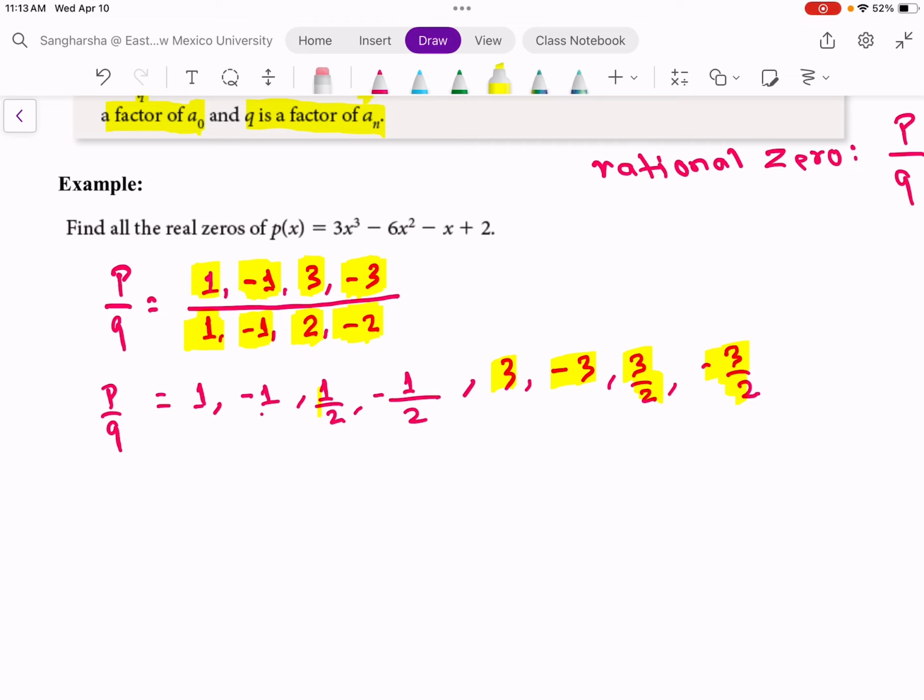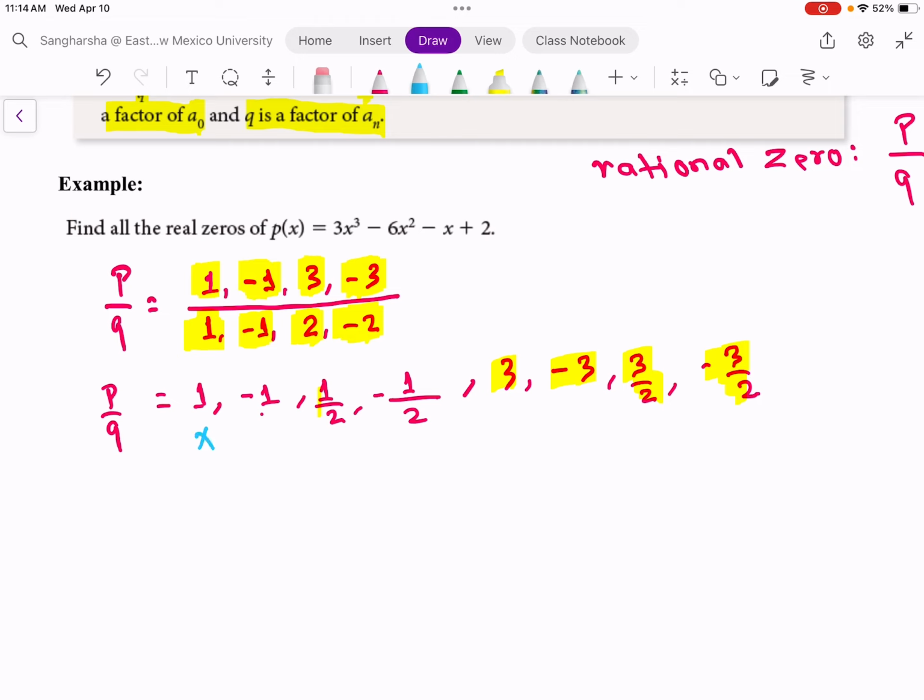Okay, let's try with a positive 1. If we substitute 1 for every x, we get 3 minus 6. That is minus 3, right? Minus 1, that is minus 4, plus 2, we get minus 2. So 1 is not a real zero. Let's try negative 1.